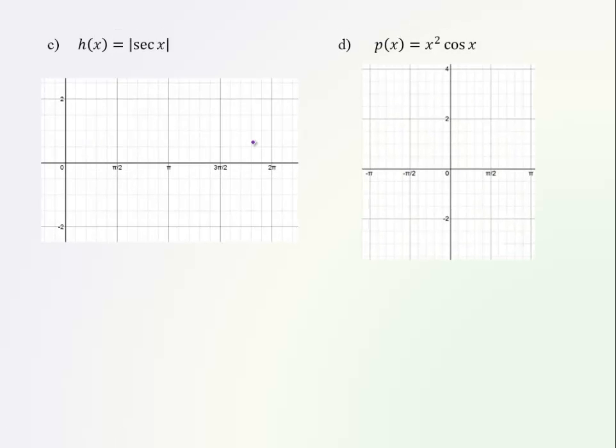And the last two interesting graphs. The first one shouldn't be too difficult to graph. You just start with secant x, which has asymptotes at pi half and 3 pi half. And the graph looks somehow like this. It goes through these points and is trying to follow the asymptotes.